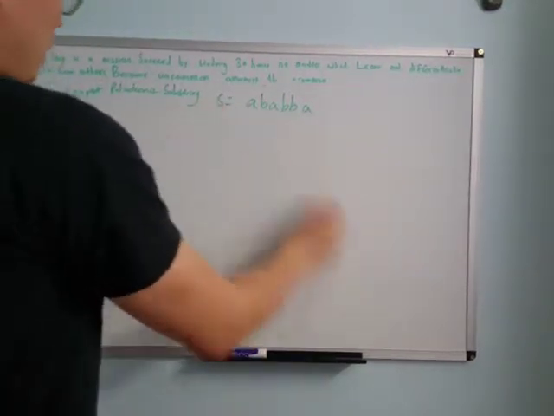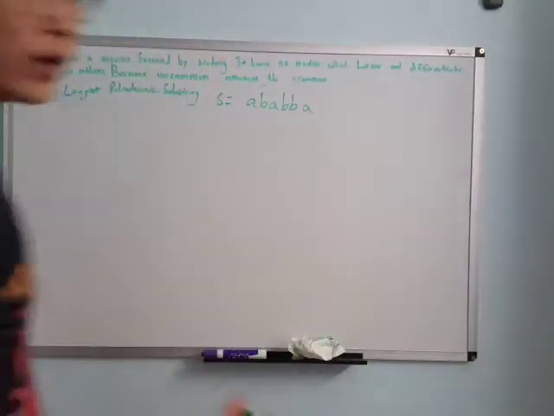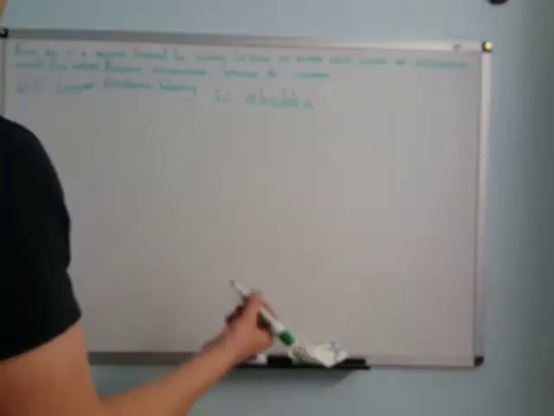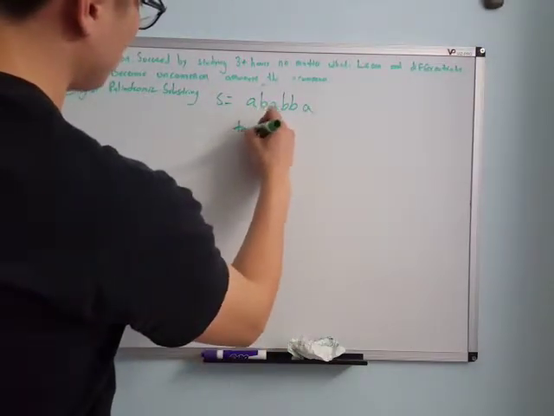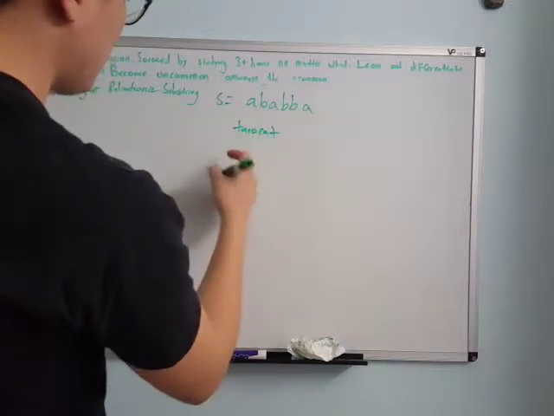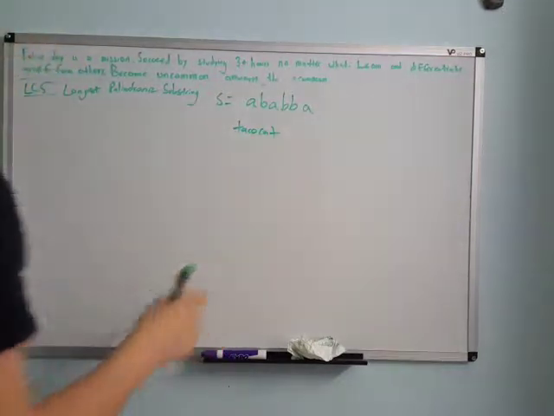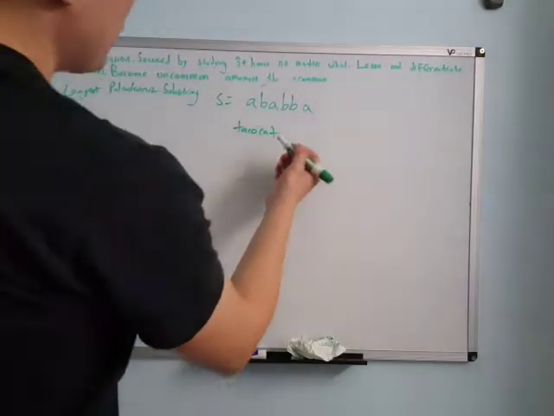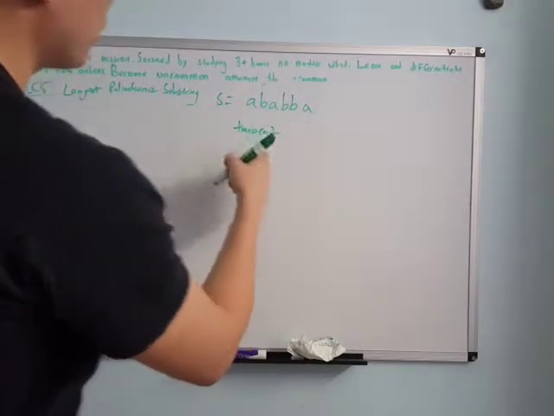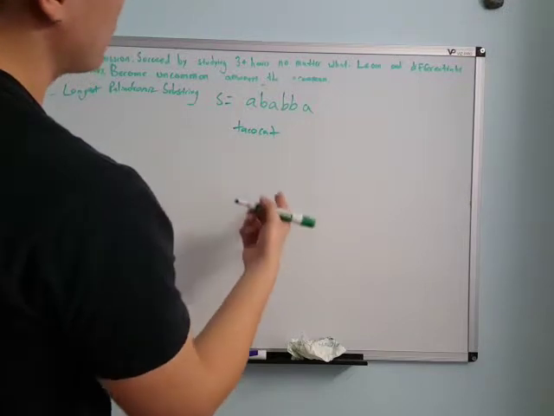So taco cat is a palindrome, and what's also common is an anagram. Taco cat is also an anagram as well, I believe. An anagram has an equal amount of characters in the string, or you can rewrite this word in a different order, and it'll have the same characters.